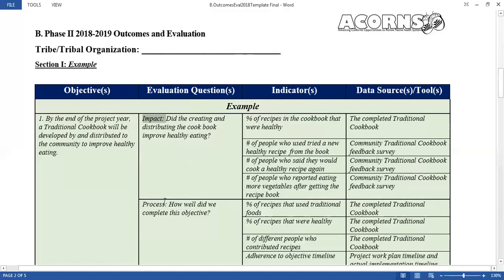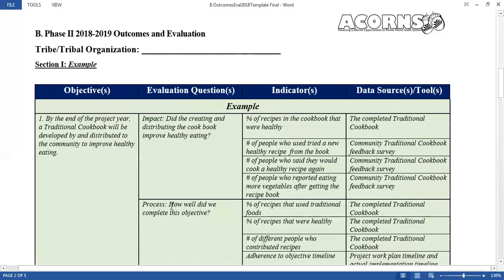A process evaluation question is more focused on the process that you took to complete your objective. So maybe you have a new grants team or a new project team, and you're really interested in knowing how well did you manage that project, or how well did you do the things that you said you were going to do.